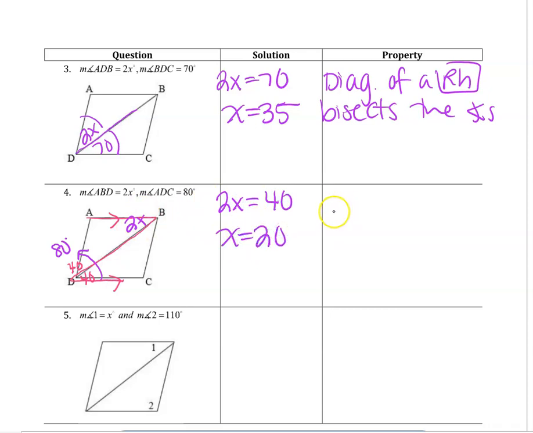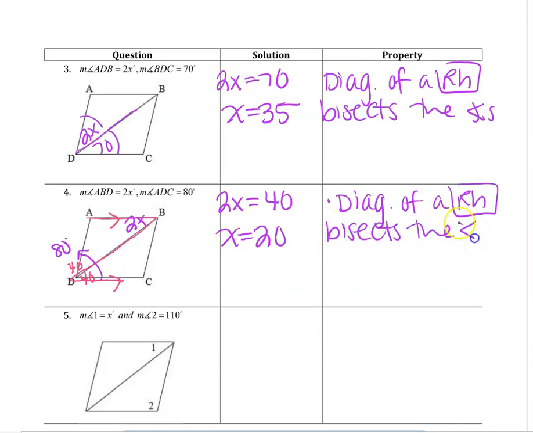So my property used to help me be able to split this in half is the diagonal of a rhombus bisects the angles. So I'm going to list that first. Now, to be able to talk about the alternate interior angles, that had to do with parallel lines.